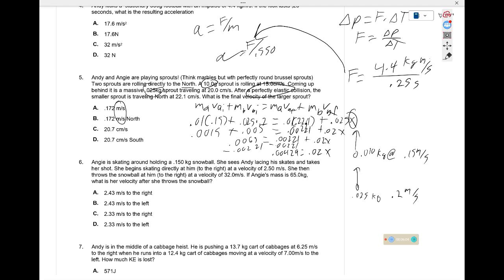So let me go double check my math. 0.0015 plus 0.005 is 0.0065. That's right.